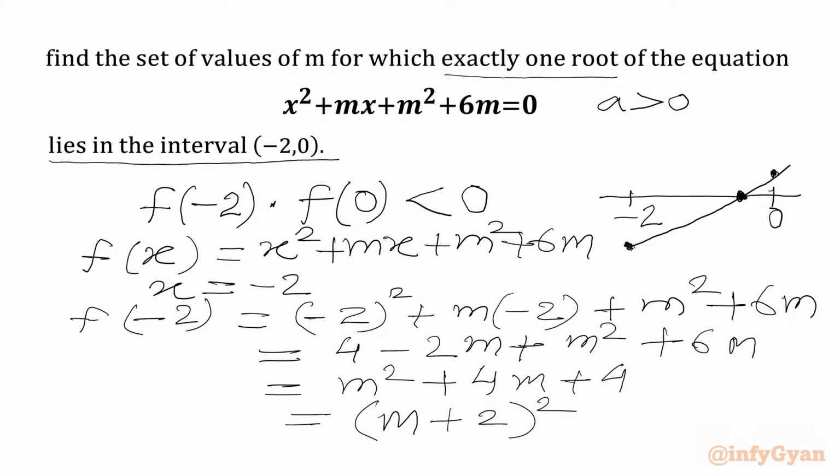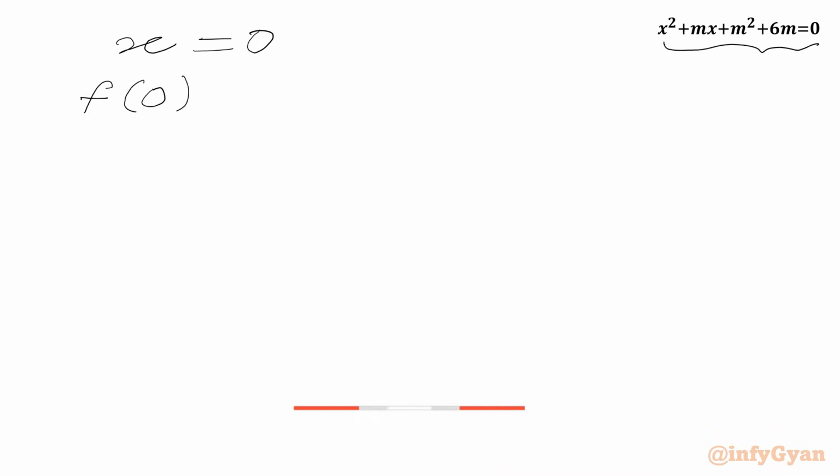Now we are going to put x equal to 0 to find the value of f0. By putting x equal to 0 over here, we get f0 equal to 0 square plus m times 0 plus m square plus 6m.